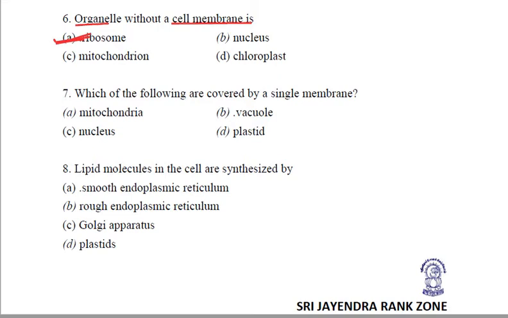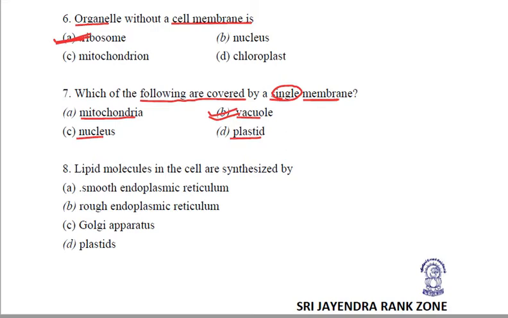Next, which of the following are covered by a single membrane? Is it mitochondria, nucleus, vacuole or plastid? The correct option is vacuoles, because the rest, mitochondria, nucleus and plastids, all have a double membrane around them.